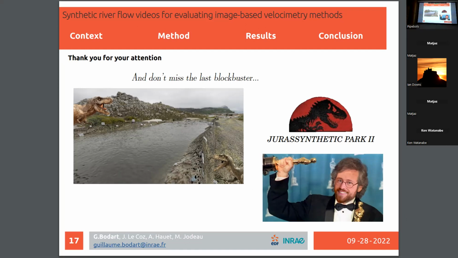Sorry, no. We just focused on velocities, as that is the interest. The discharge could be calculated, as we know exactly the transect and the velocity distribution, but the simulator does not give any information about the discharge. So it could be future work, but the idea is just to focus on velocity.